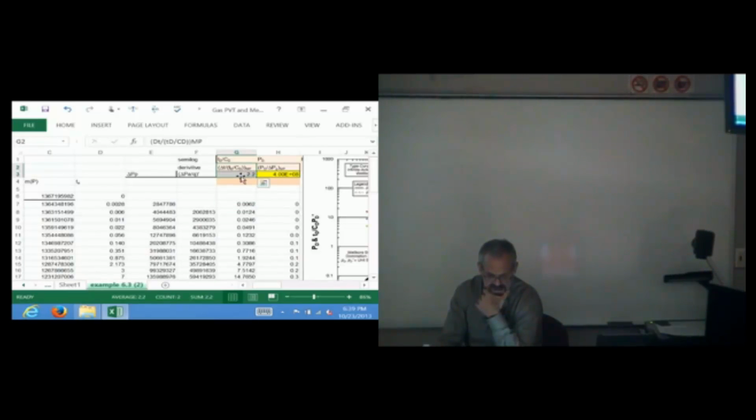If this is my match point, 2.2, and I want T sub D over C sub D, I see your point. They both should be flipped. Okay, let's just ignore that. This is common practice, to multiply by time and divide by pressure. Okay?